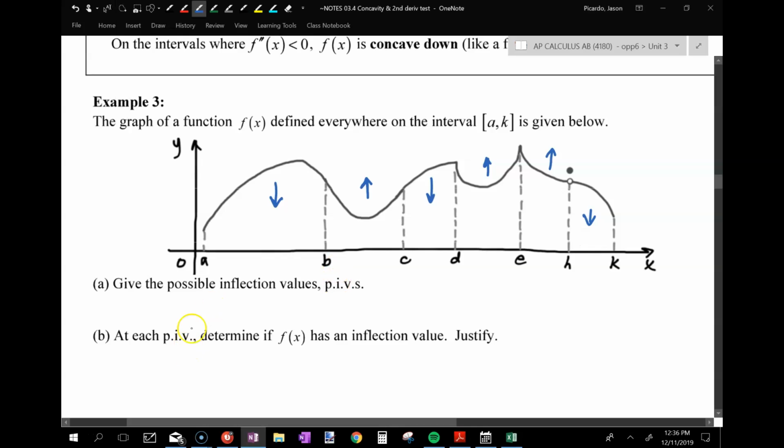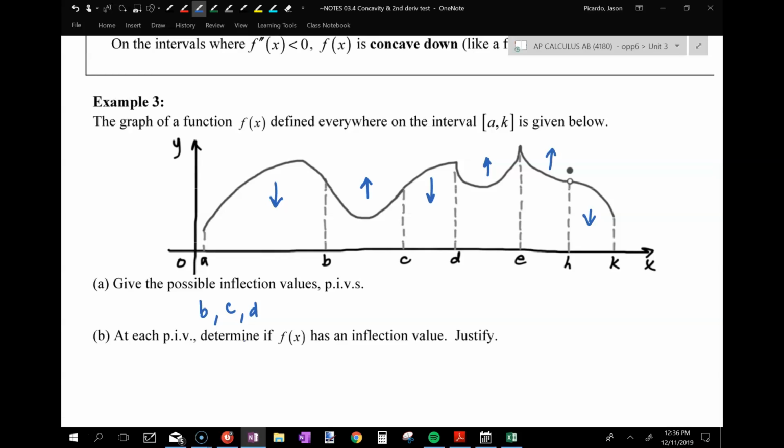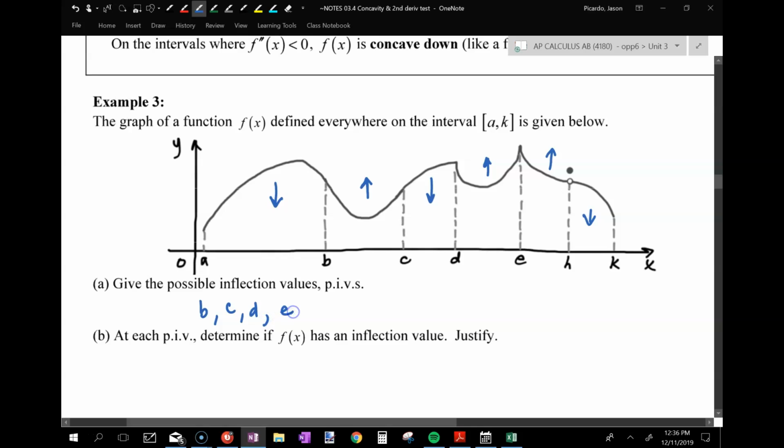Yeah. Is C a potential? Yeah. Is D a potential? Yeah. Is E a potential? Okay, I'm going to say yes for this reason. What does the derivative not do there? Exist, right? So if I work backwards, potential exists that didn't exist at other spots as well. How about H? Seem good? Now, these are what I'm going to call my potential inflection points.